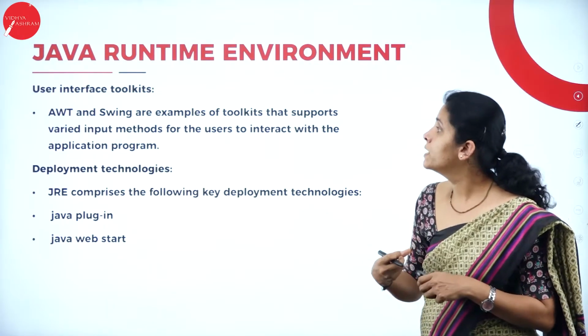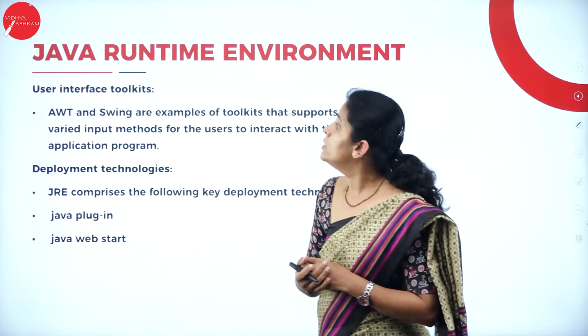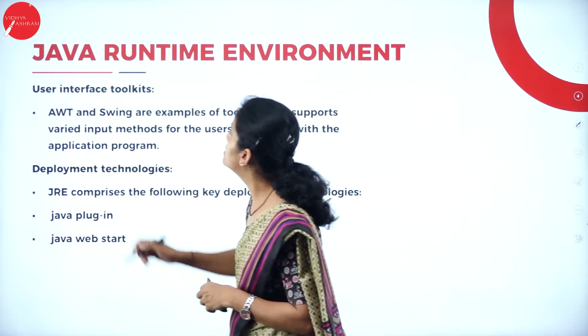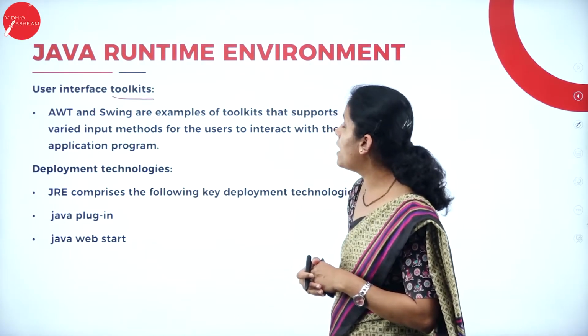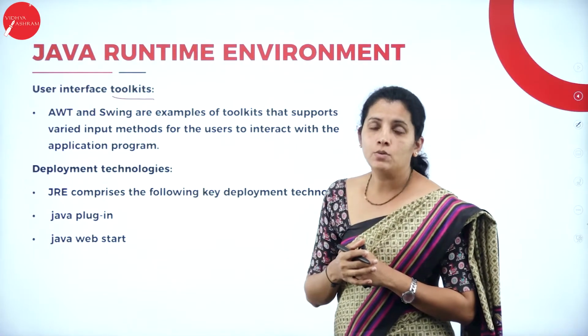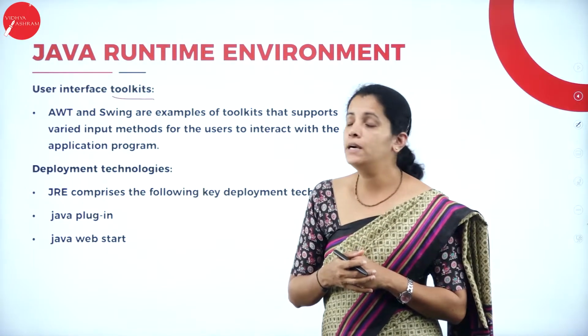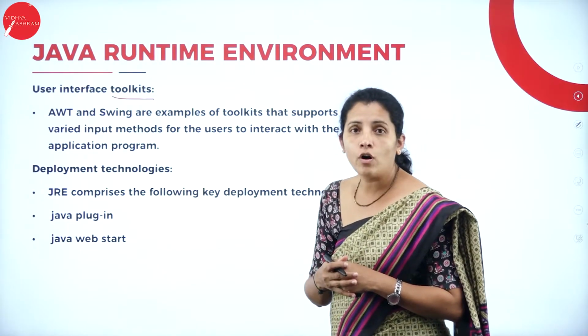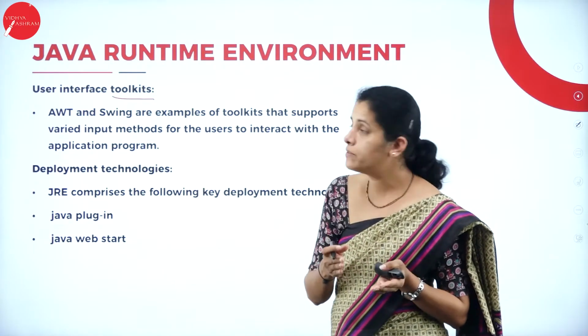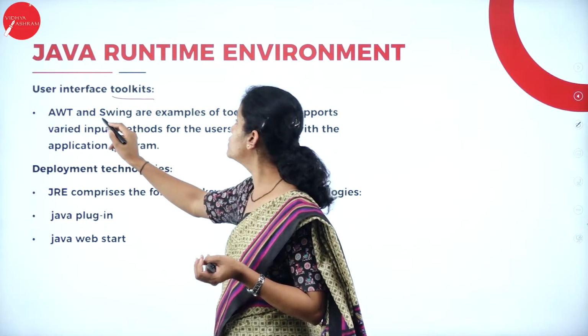Moving further, I'm going to have the user interface toolkit. In that, I'm going to have AWT. What is AWT? That is nothing but the Abstract Window Toolkit for creating user interfaces, and I'm going to have Swing.